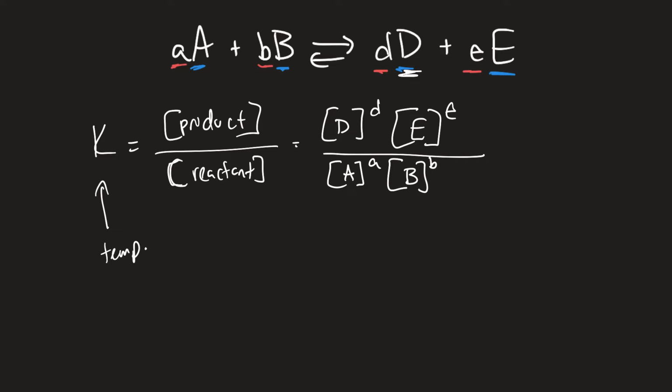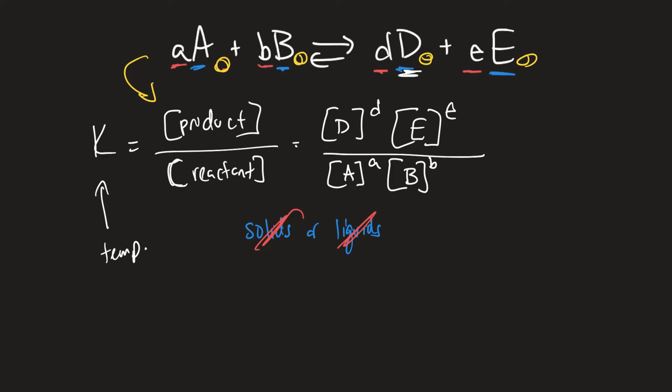We never include solids or liquids. So you have to really pay attention to the state of matter of each of these substances. If it's aqueous or a gas, then we will include it in here. If it's a solid or a liquid, we will omit it altogether.